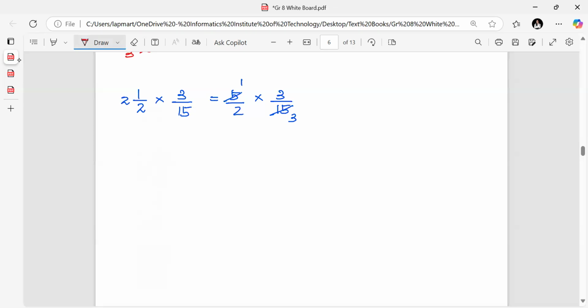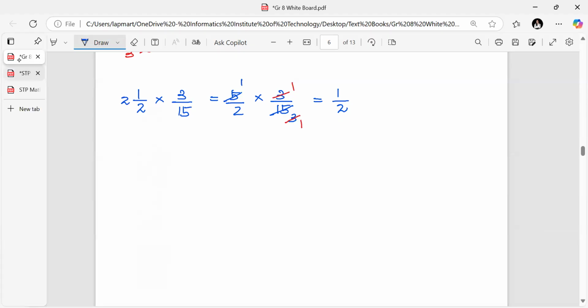No, we have another option now. 3 times 1 and 3 times 1. So then the final answer should be 1 times 1, 1, 2 times 1, 2. So it's like this, right? The first one that I simplified, then you have 3, that 3 you simplified with the numerator 3. So the final answer is 1 over 2.